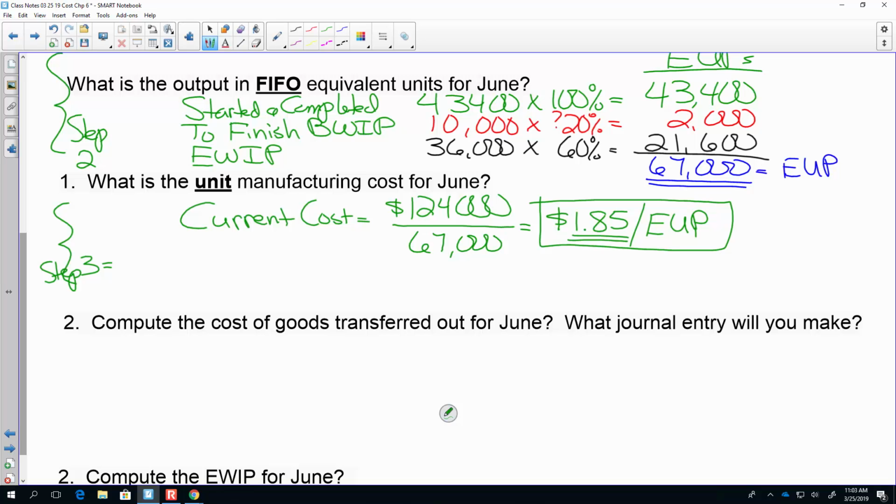What did we have under the weighted average method? 232. So what does that mean? 232 versus 185. We must have done better this period than we did last period, basically.